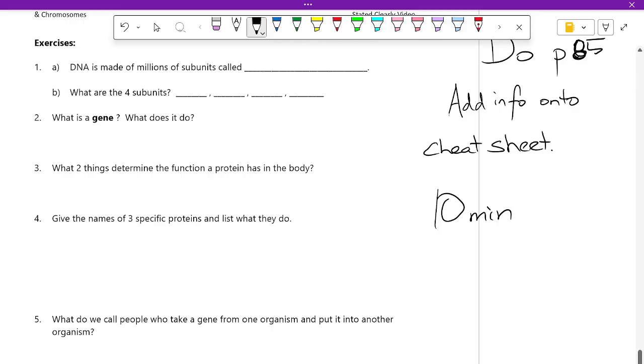And then we're going to do a little bit more on genes, and then I'm going to give you some time to finish up your RNA cheat sheet if you need to, and work on some other stuff if you have already done that. So that's going to be until about 1:05. Well, you've got 10 minutes to work on the genes, but you'll probably be able to finish it.